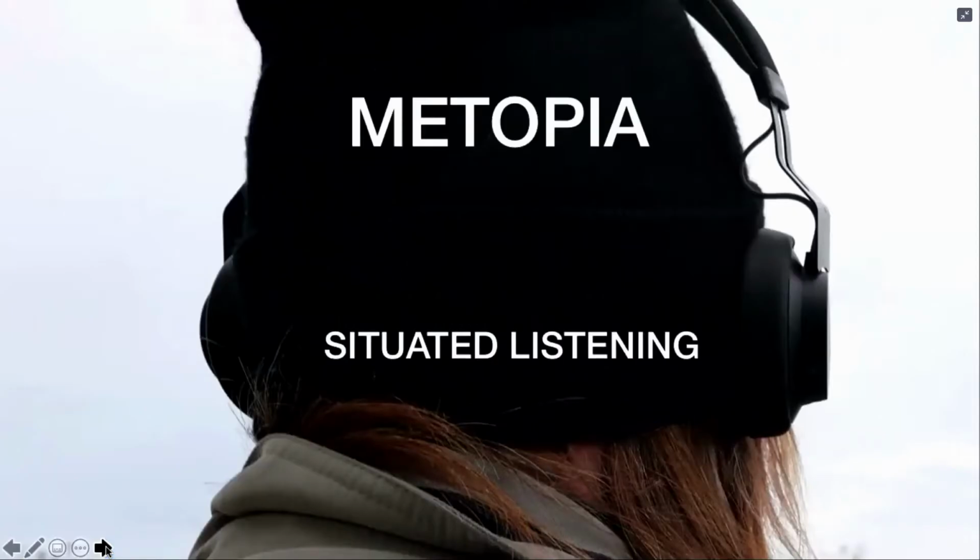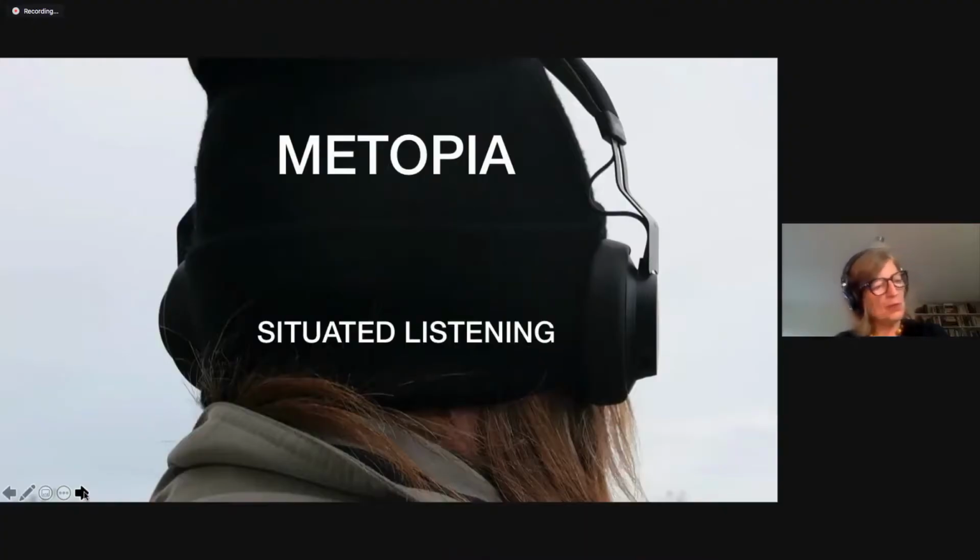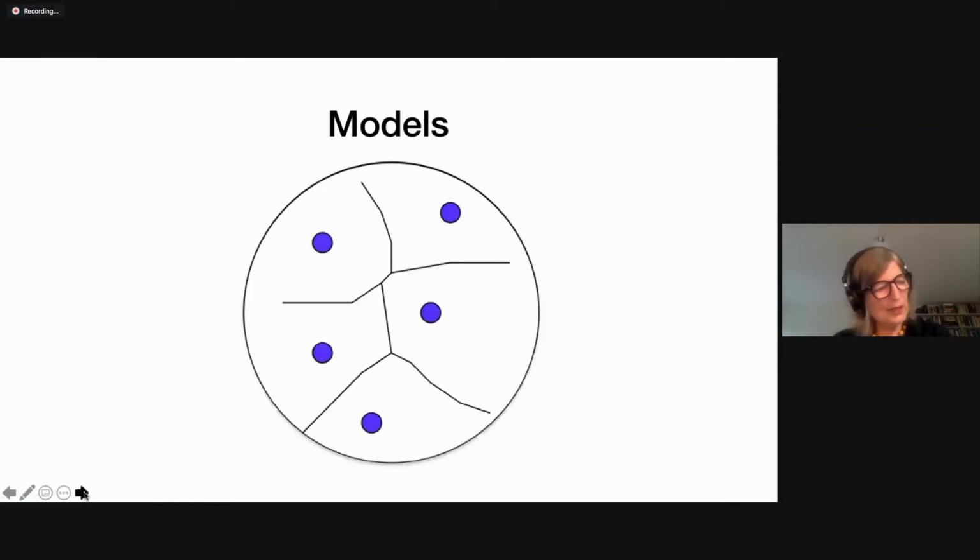So my models I've been working on are listening systems. And I will talk a little bit about the machine learning models I've been using. And these are the prediction machines. I've been using classification models and neural networks in the works I'm going to show.